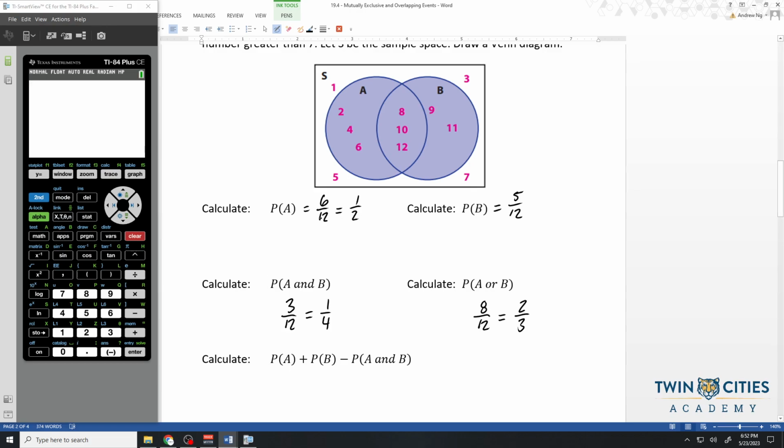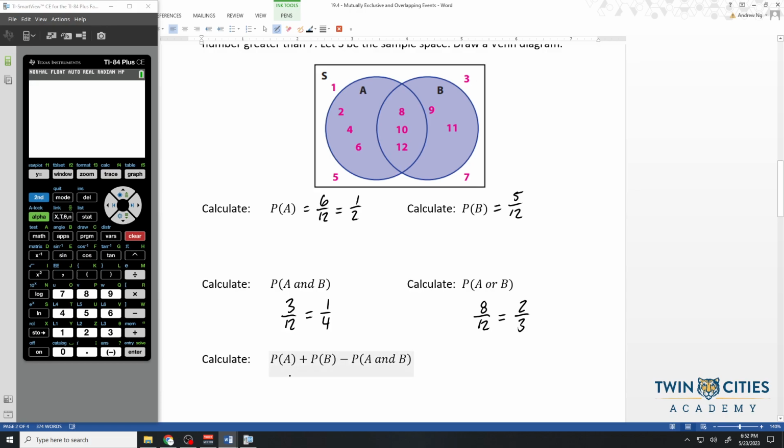In this case, I've got 6 over 12 for A, I've got 5 over 12 for B. If I were to add those together, it would be 11 over 12, which is not the same as what I've got here, 8 over 12 or 2/3.